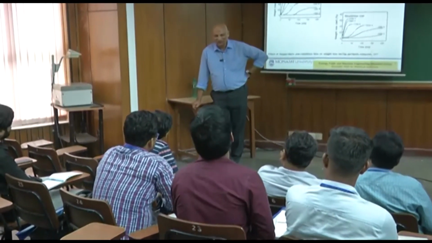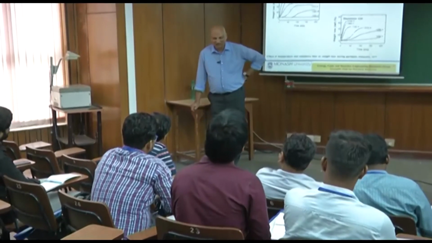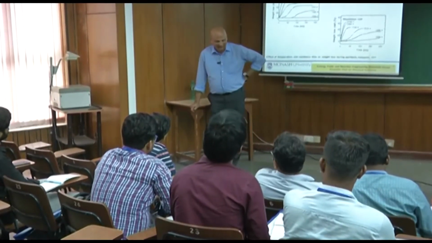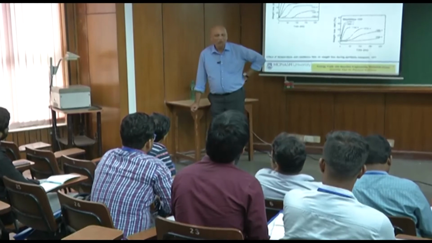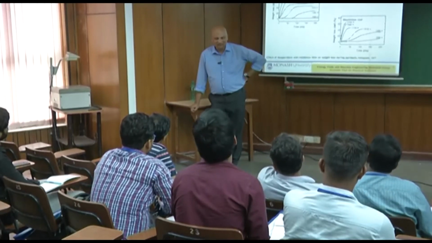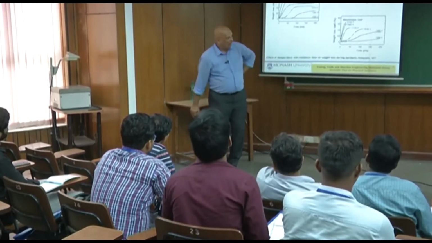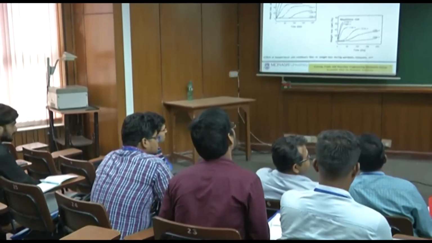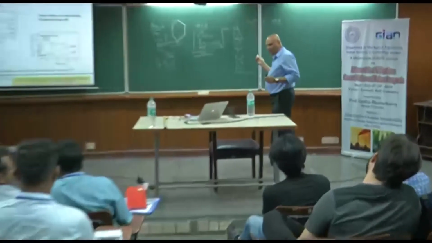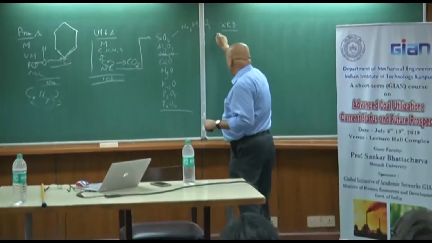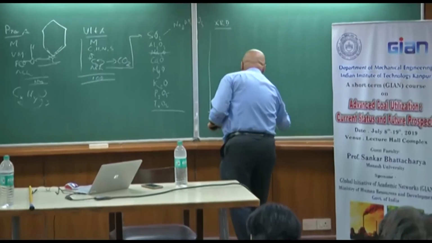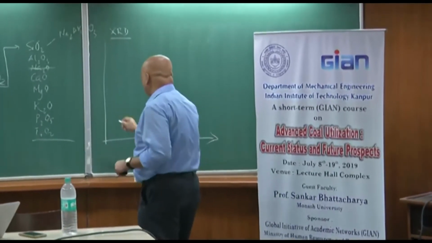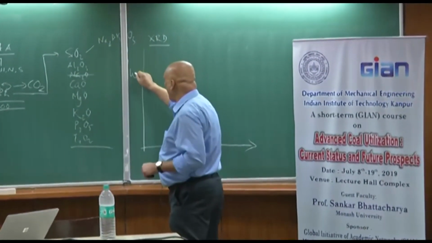Perhaps one has to do a very, very long experiment for academic interest's sake, and then find out when the volatile matter release has completely ceased. So, for example, if you do what is called a thermogravimetric analysis, wherein this is the weight percent.